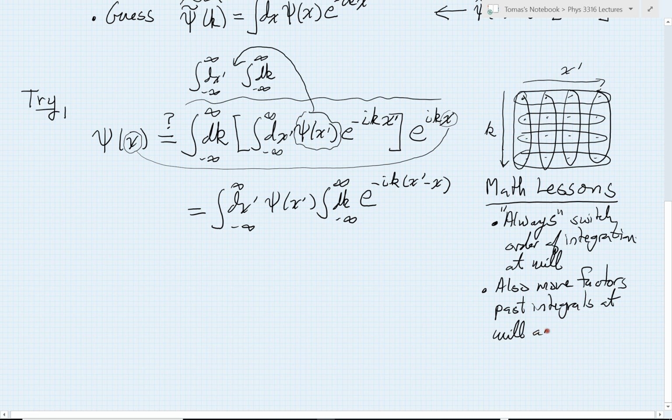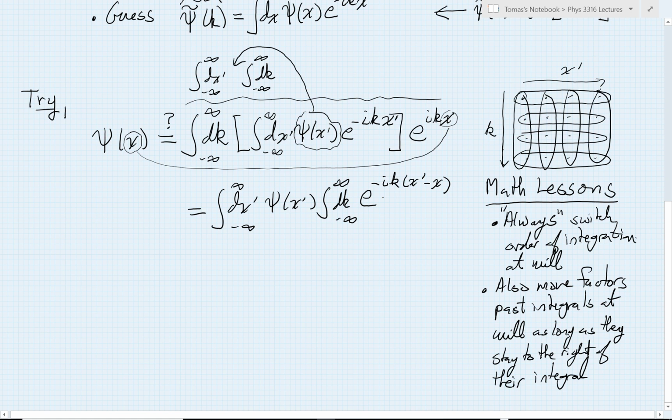But this is as long as they stay to the right of their integral, or the integral over their variable. So where you might run into trouble is, it would be silly if I took this psi of x prime all the way over here past the dx prime. That wouldn't make any sense, right? Likewise, these factors with k's in them can't be moved past the k integral, because k is being summed over within that integral.